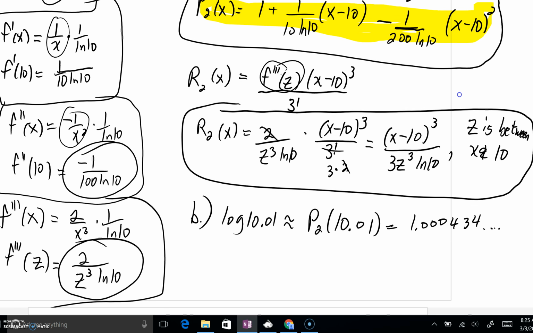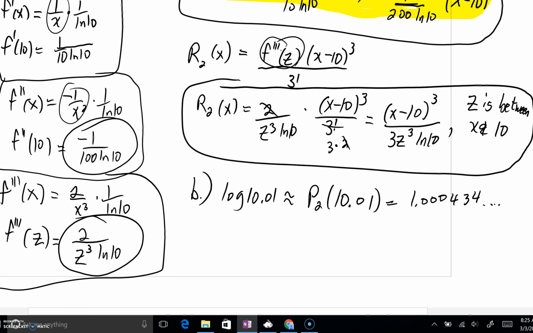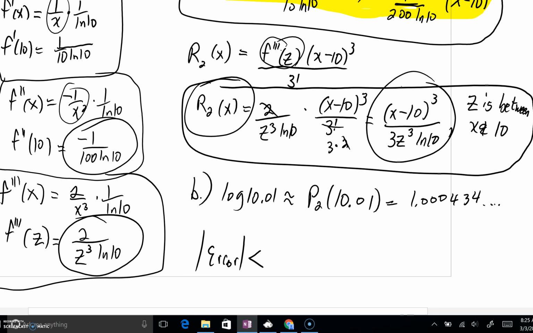Well, your error, this is where this is newer material, and I'd like to break that down just a little bit more. Our error has to be less than the Lagrange error bound. So remember, we're plugging in 10.01. So we'd say (10.01 − 10)^3 all over 3z^3 ln 10.